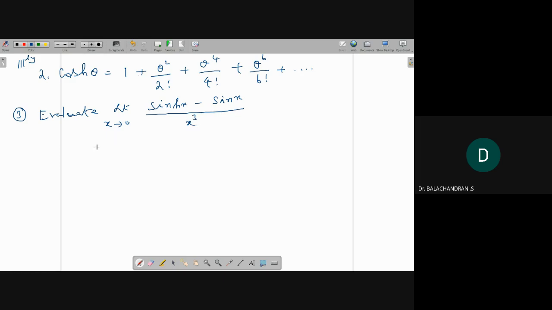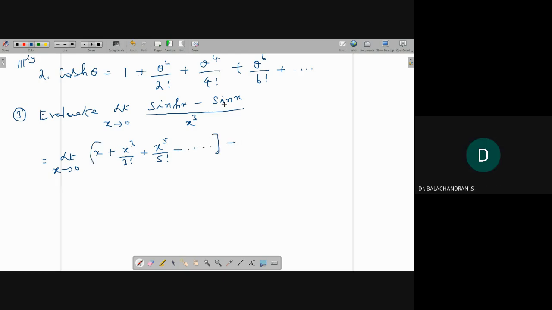So now you should apply the formula first. This is equal to limit x tends to 0 of sin hx. What is the sin hx expansion? x plus x cube by 3 factorial plus x power 5 by 5 factorial and so on.